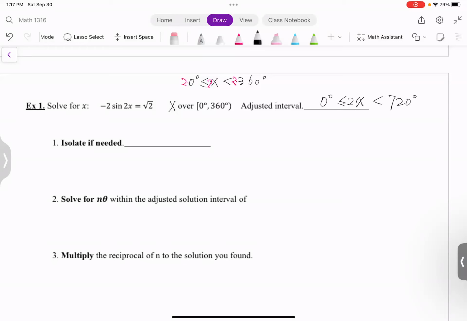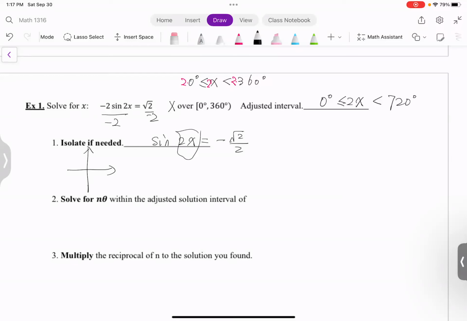All right, let's isolate sine 2x first. We need to isolate this part first. First, we need to divide by -2. So we have sine 2x equals negative square root of 2 over 2. If the sign is negative, which quadrants is my 2x in?